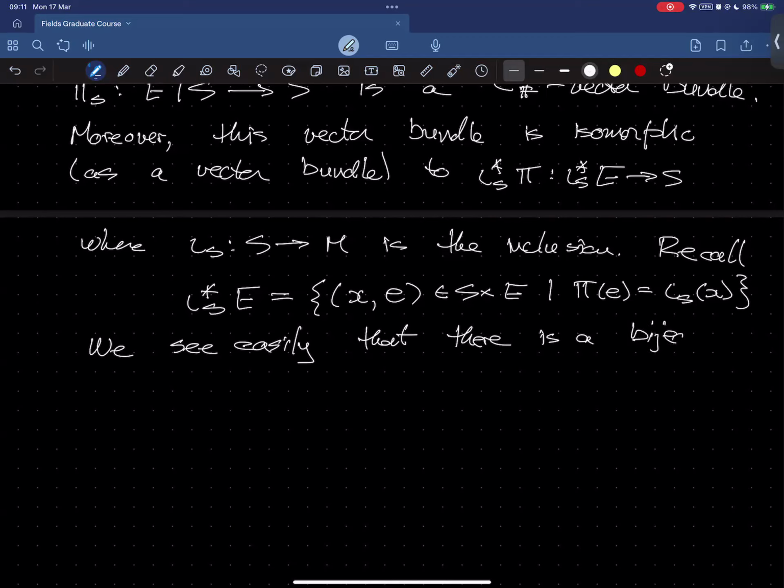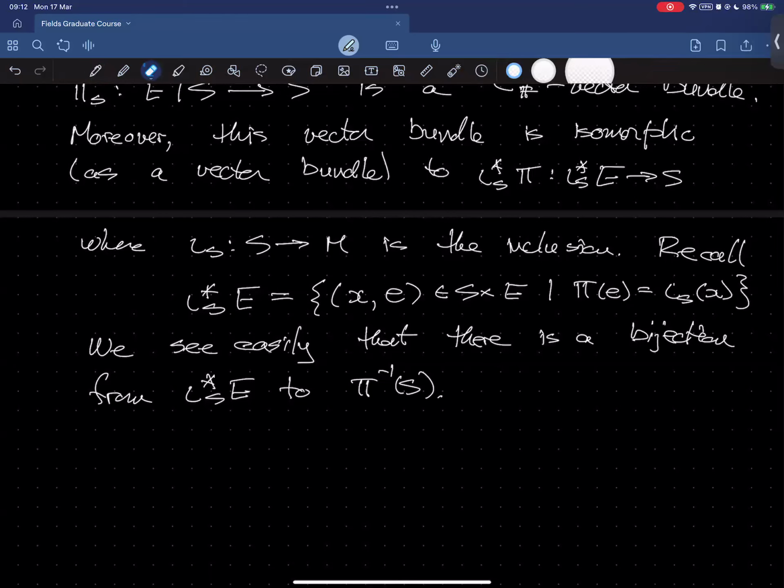I don't know anything about the bijection necessarily, but at least there's a bijection from iota star SE to pi inverse of S, by the argument that I just made. Every point in here consists of points which lie over base points in the submanifold S, and that's exactly what this thing is.